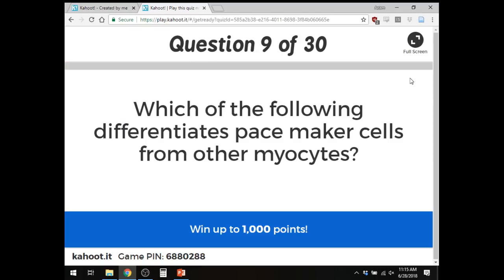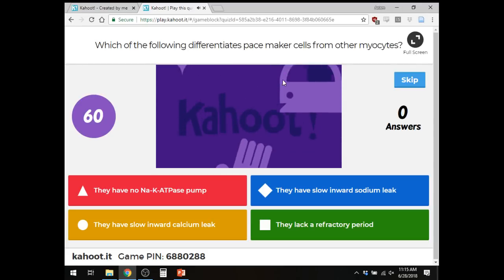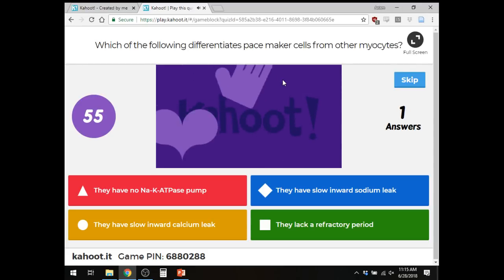All right. Which of the following differentiates pacemaker cells from other myocytes? They have no sodium potassium ATPase pump. They have slow inward sodium leak.